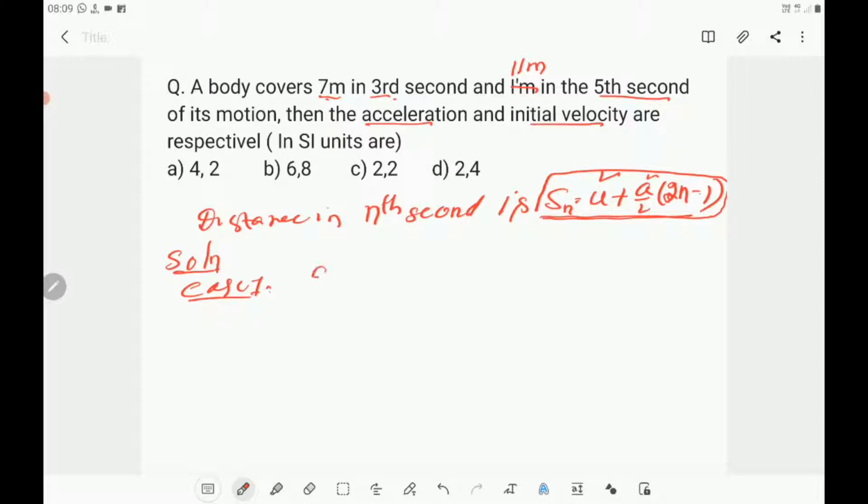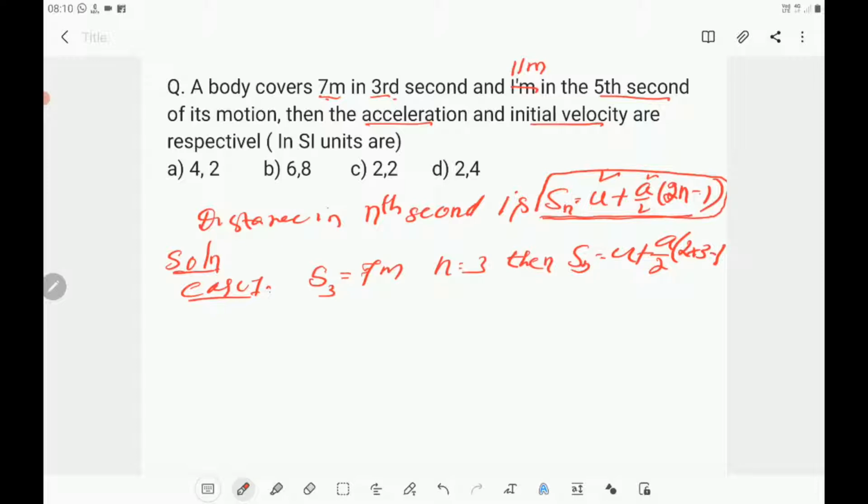Case 1, you think like this. He says in the third second, I write S3 for Sn, S3, take 7 meters. You don't know u, you don't know a, and n is 3 here. So use the relation S3 equals u plus a by 2 into (2 into 3 minus 1).